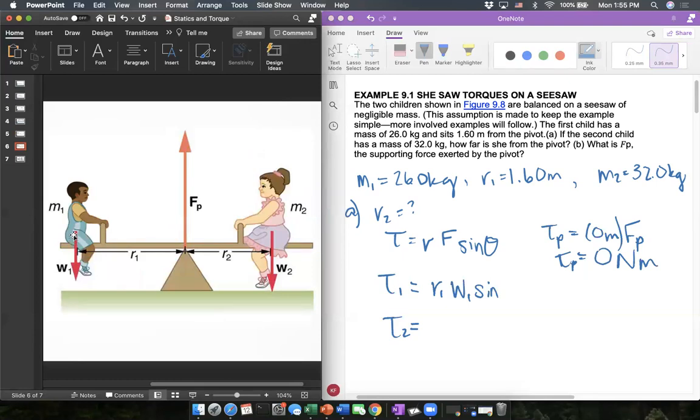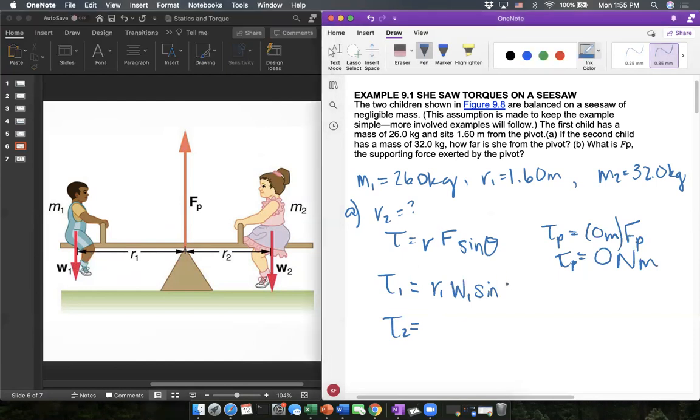Our force is pointing straight down, and our radial vector is this way, so it would be 90 degrees. Now for the second one, we have R2, which is what we're looking for, times the weight of the second one.